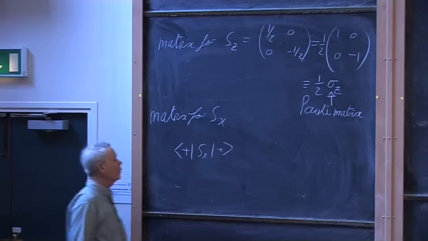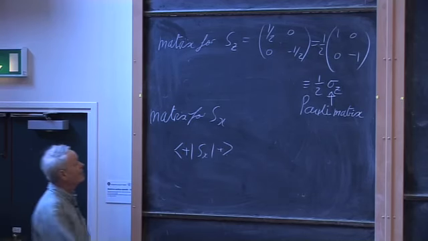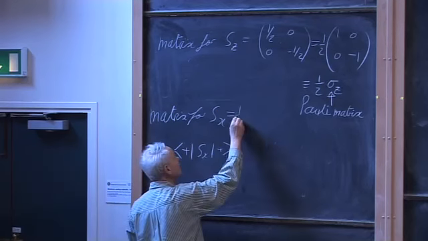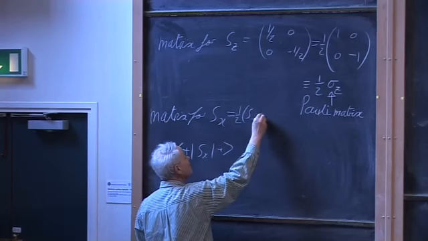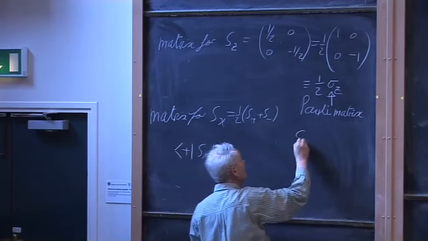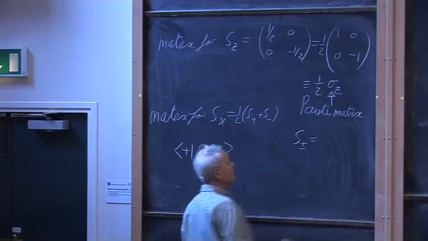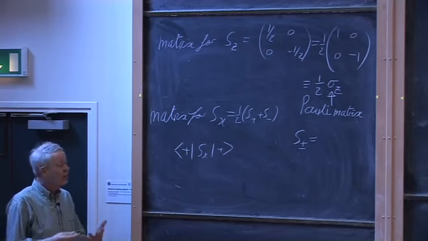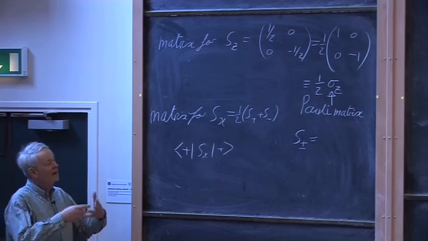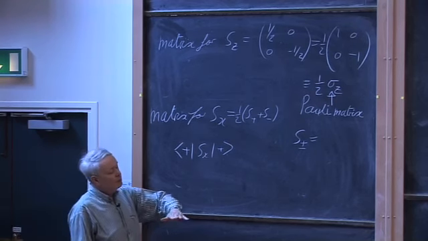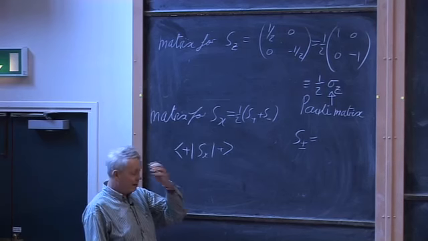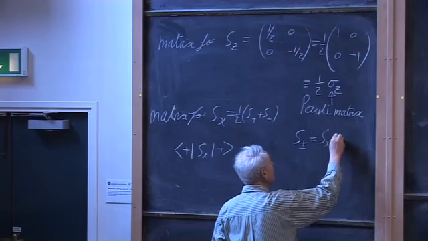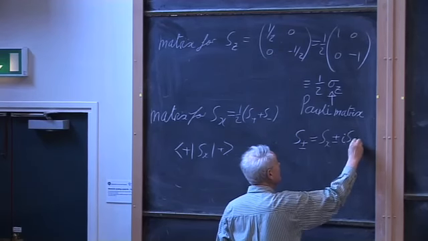This is a complex number, we want to know which complex number, and the secret of calculating this is to write Sx as a half of S plus plus S minus, where S plus and minus are the operators that we already introduced in the context of J and L to reorient the angular momentum either towards the z-axis or away from the z-axis. So these are Sx plus and minus i times Sy, right?